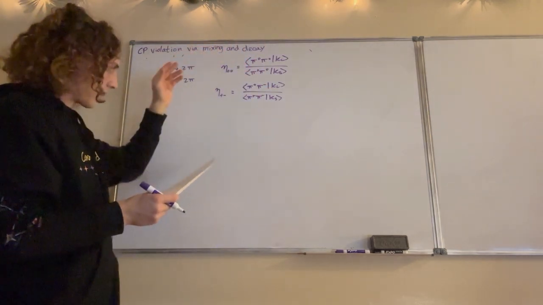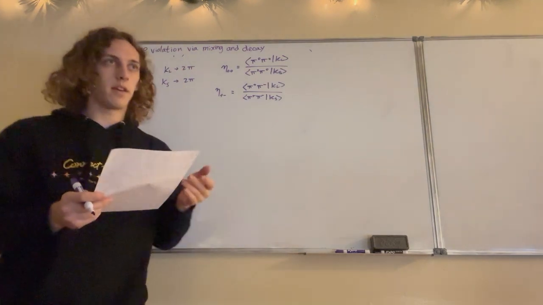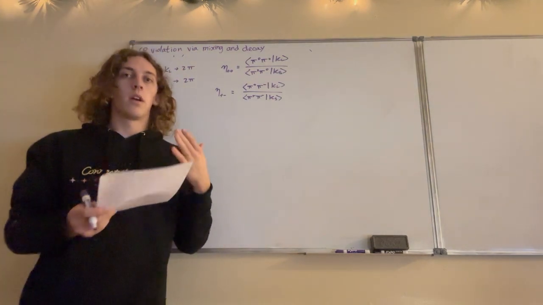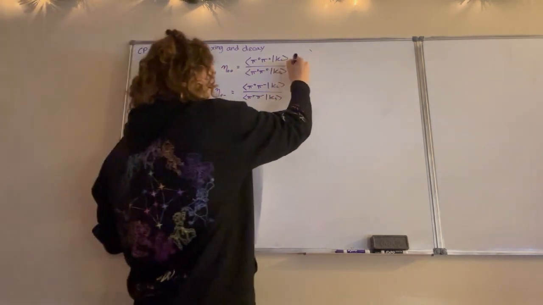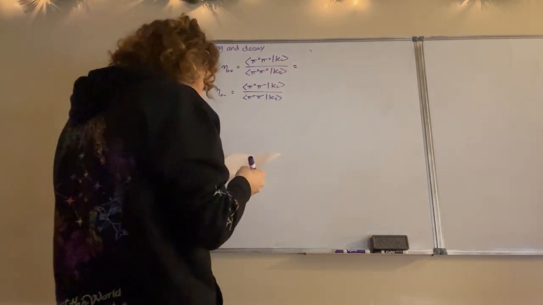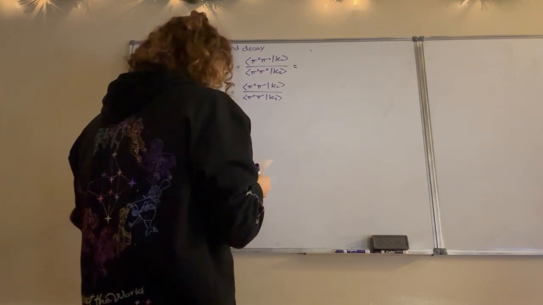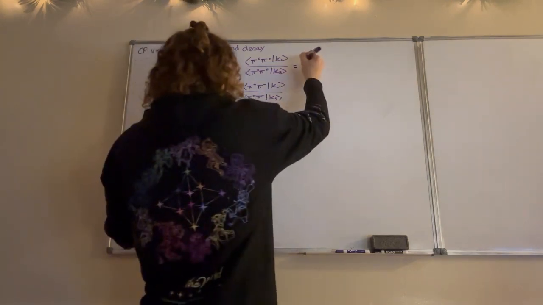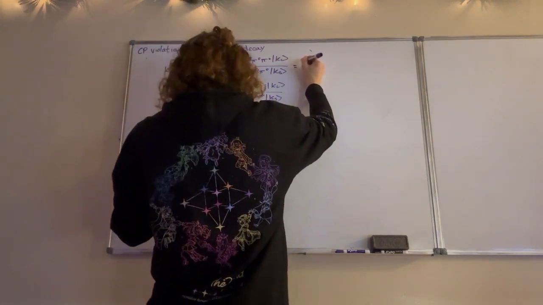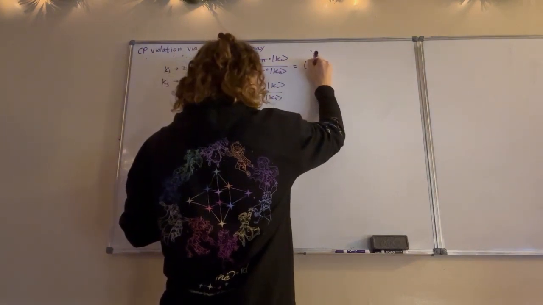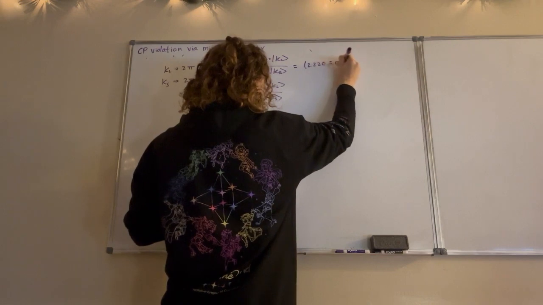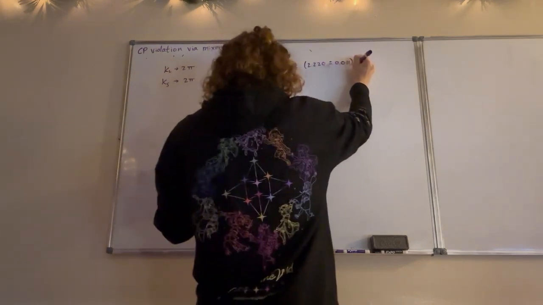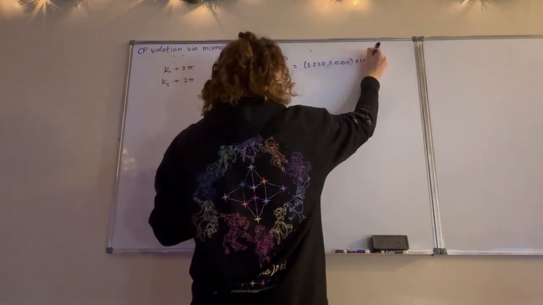These decays should be symmetric if CP is conserved. Experimentally we can calculate these things, right? We can find that this is just the amplitude of these processes, which we can make experiments for. We get 2.220 plus minus 0.011 times 10 to the minus 3.